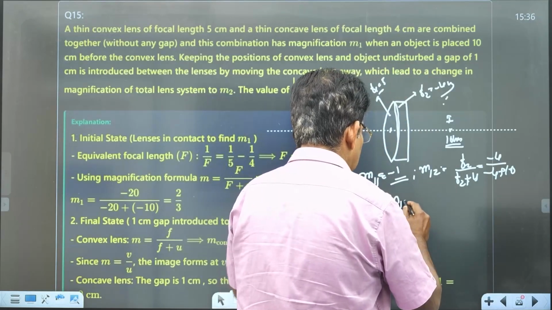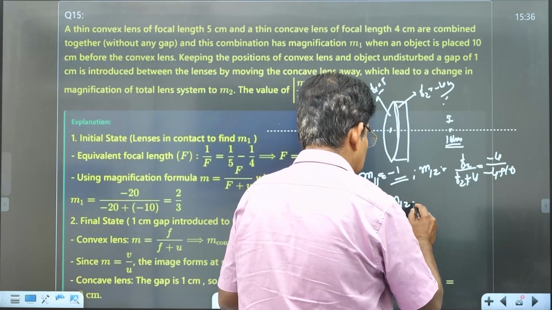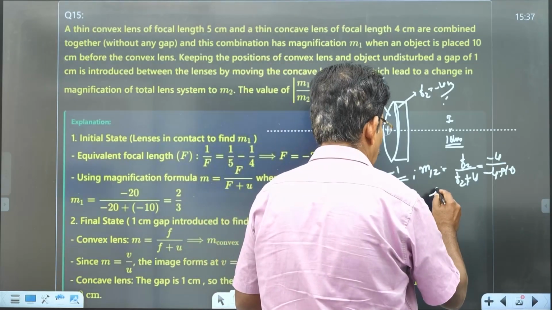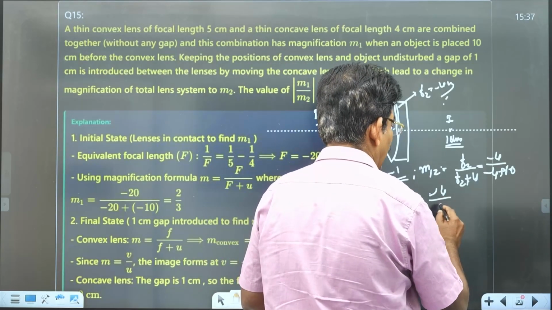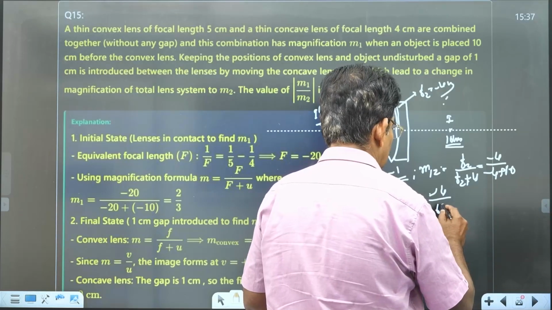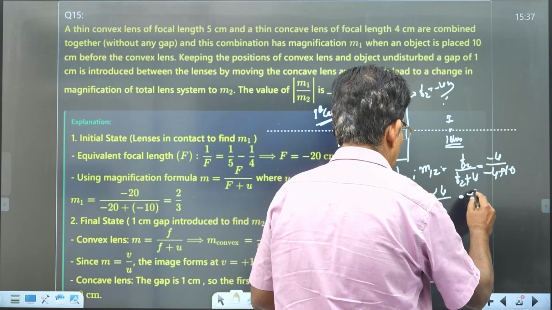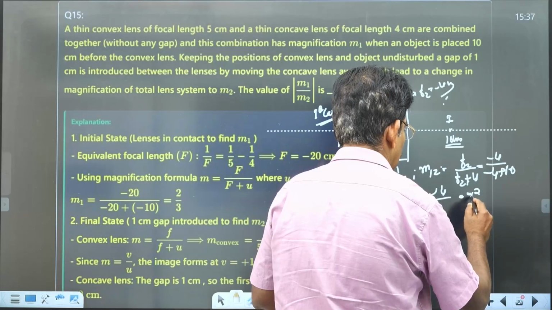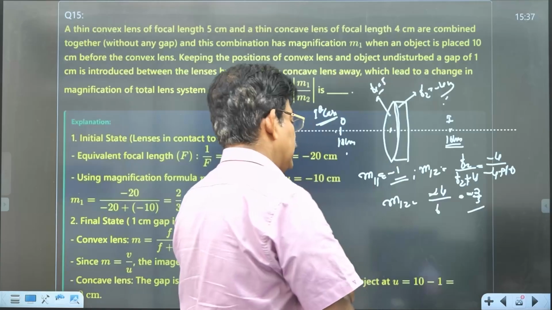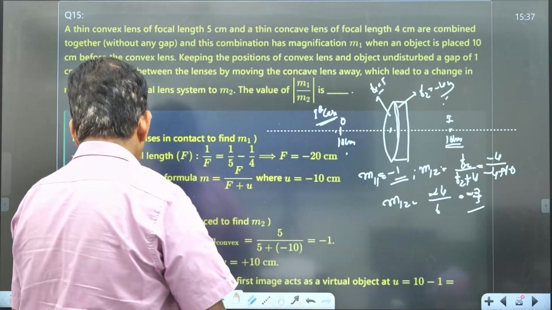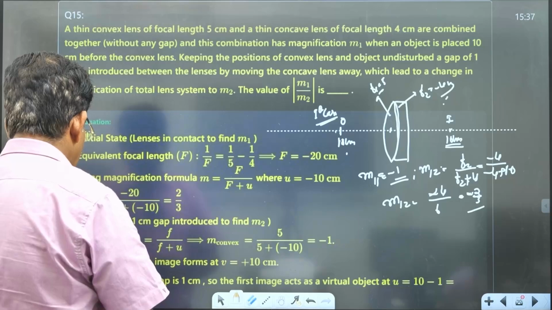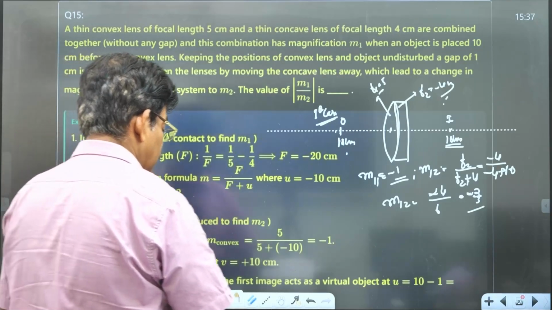So magnification in the second case will be how much? -4 divided by +6. Isn't it? That comes to be minus 6.